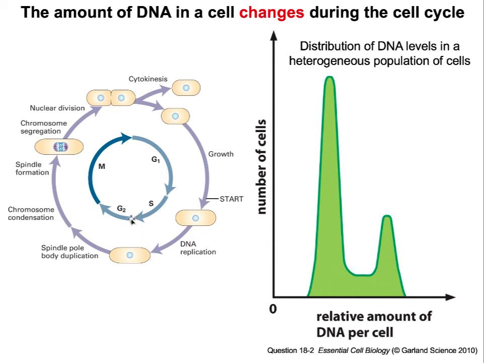They'll stay in the second peak through G2 because nothing happens, through the beginning of prophase, prometaphase, metaphase, and through anaphase. And then finally in telophase, when the cells start forming the cleavage furrow and actually divide, then they'll drop back down, each of those daughter cells, to 1 dose.